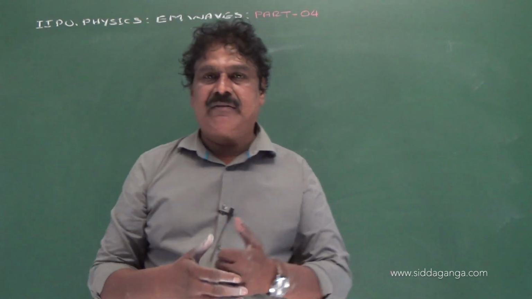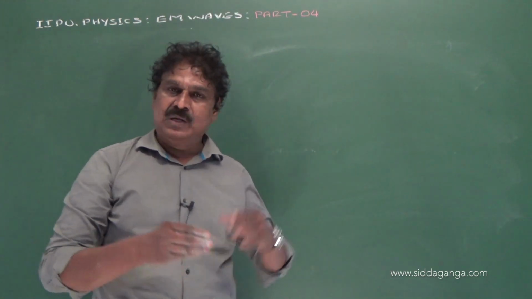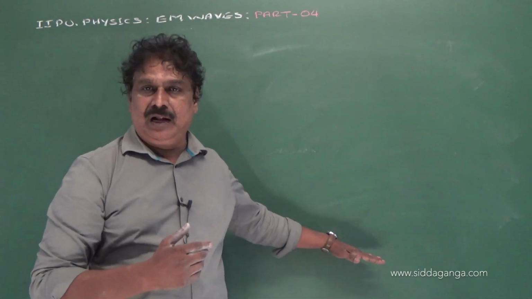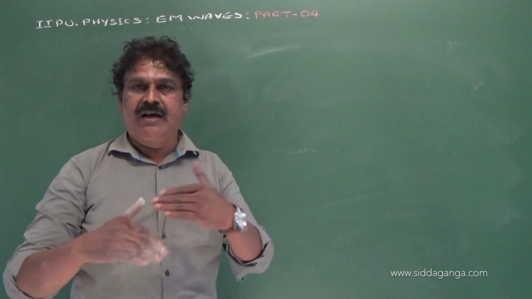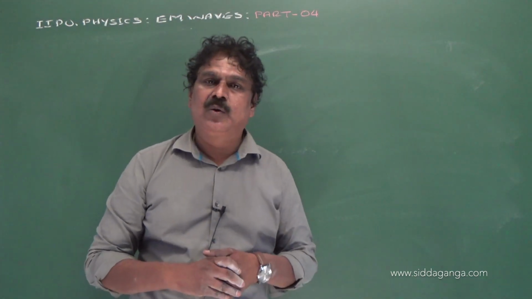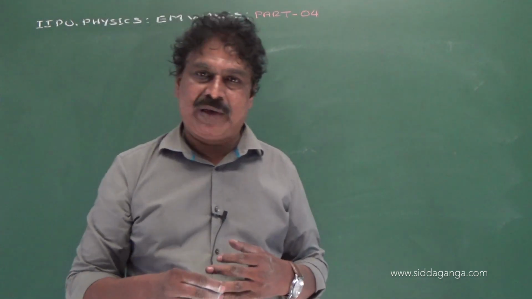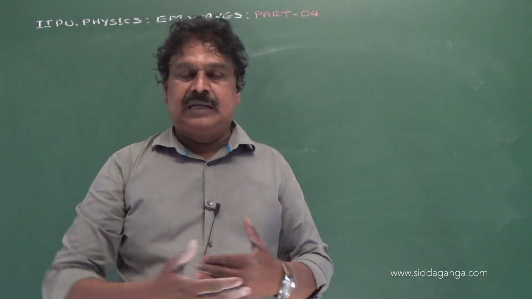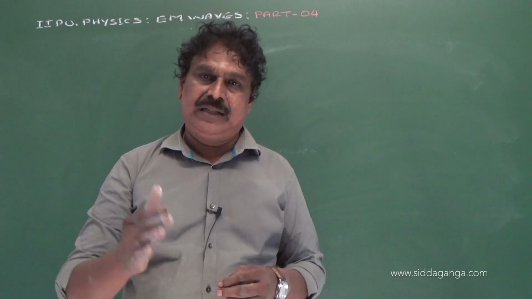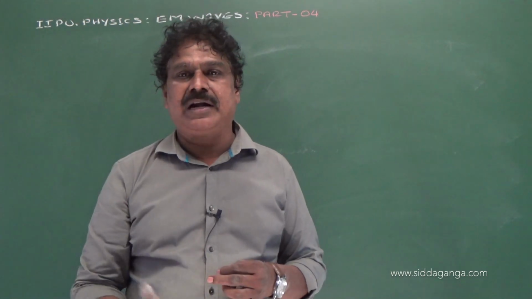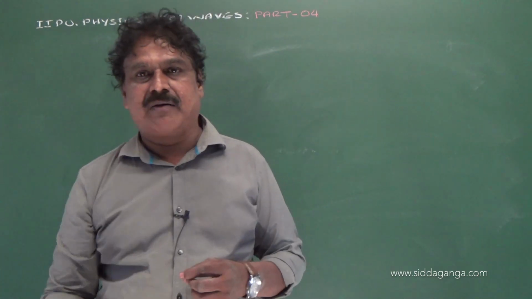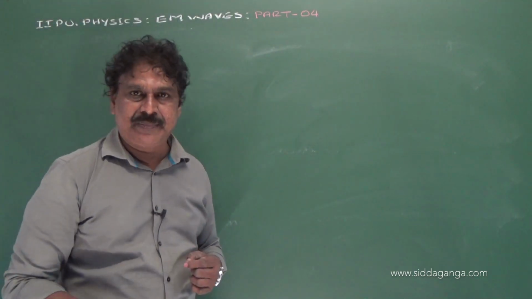And also we have the electromagnetic spectrum. So far we have taken from gamma rays to radio waves, and we have so far discussed two types of electromagnetic waves, radio waves and microwaves. In the next class we will take the other radiation, infrared, visible, ultraviolet rays, X-rays, gamma rays, etc. Okay.